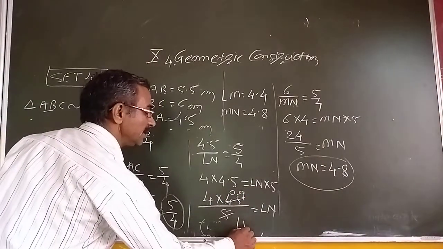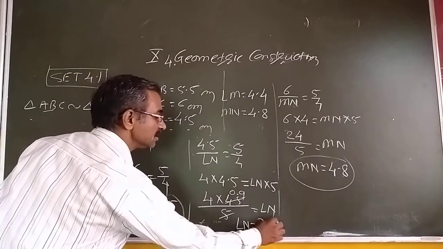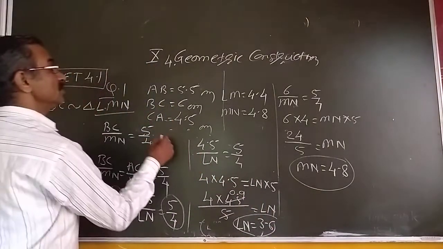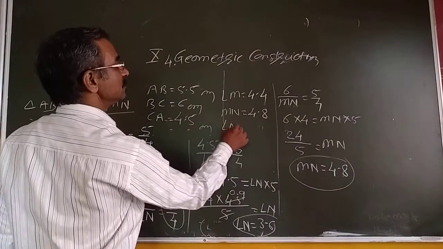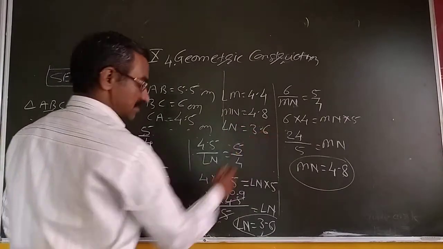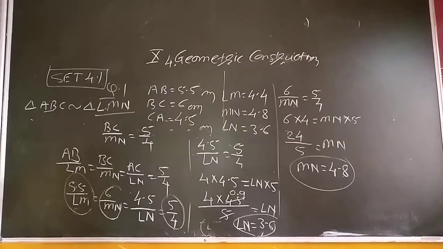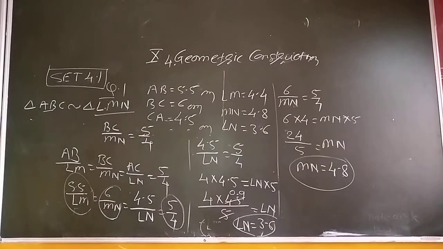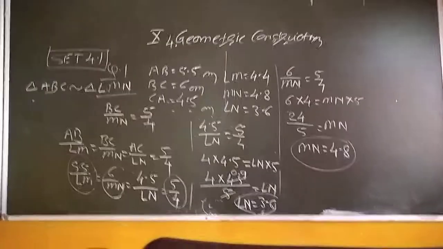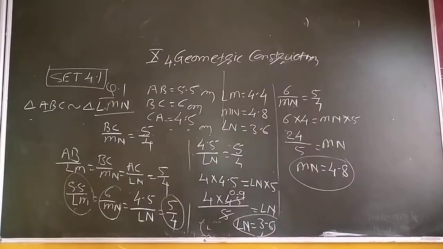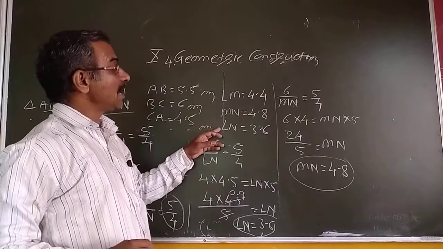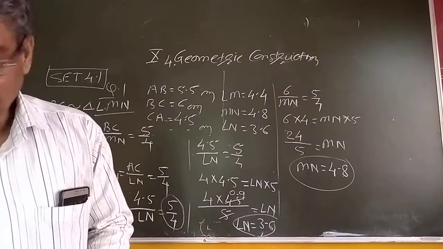Therefore, by multiplication, we get 3.6. So we get LN is equal to 3.6. So we get the three sides LM, MN and LN of the triangle LMN.